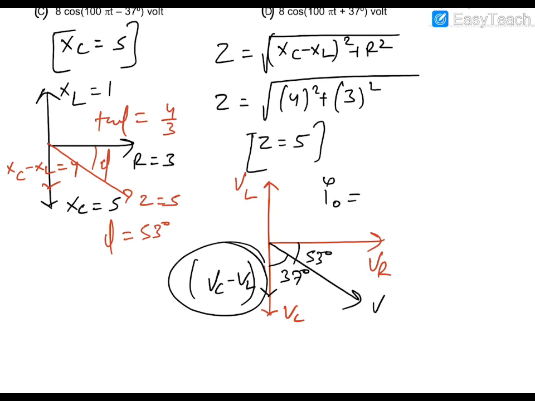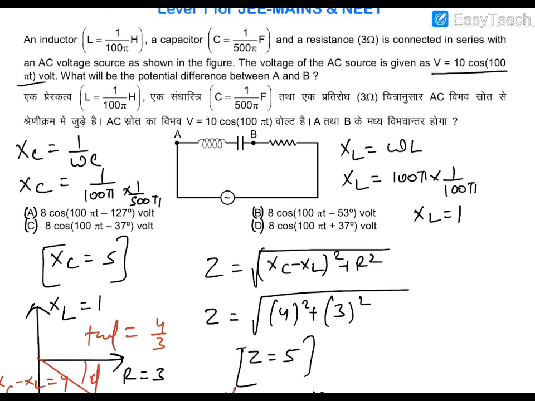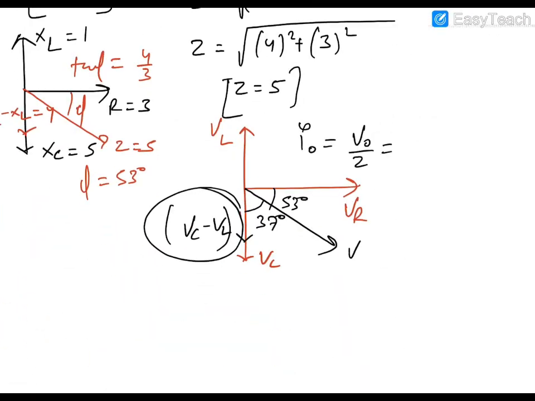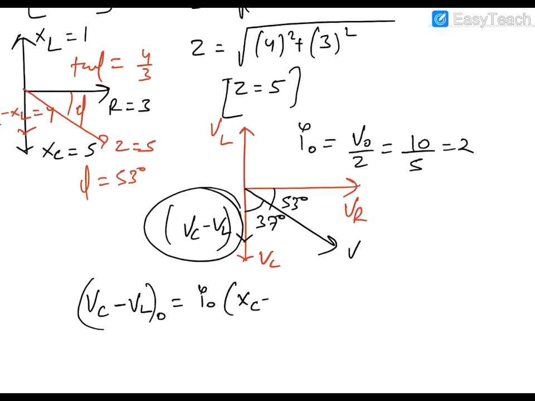We can also find out the value of I naught. I naught will be V naught by Z. Now V naught was 10, and Z is 5, so I naught is 2. If we need to find out the peak value of VC minus VL, then it would be I naught into net impedance, which is XC minus XL. So it is 2 into 4, which is 8.